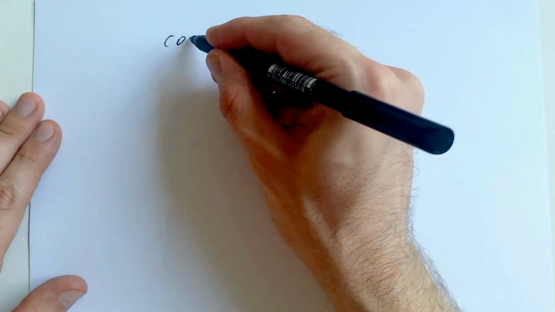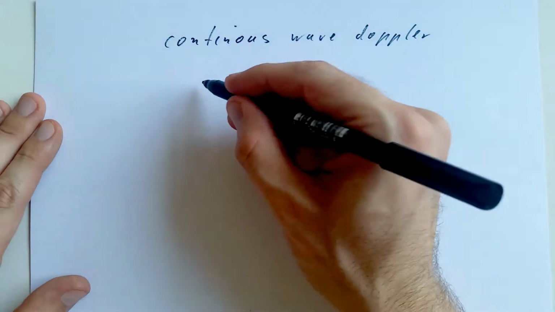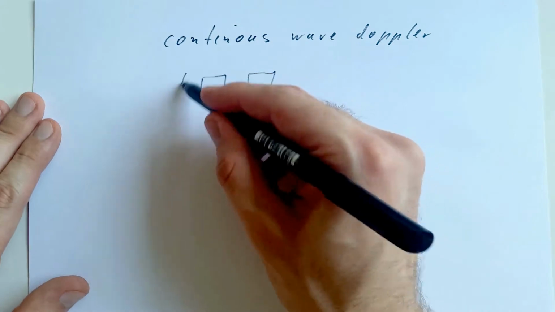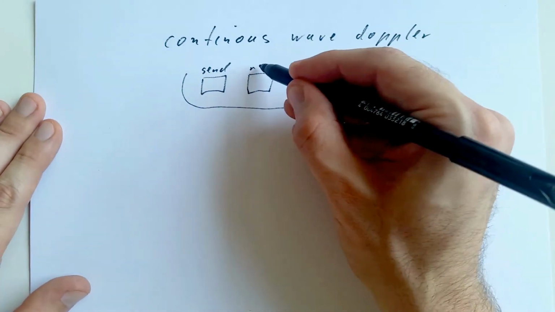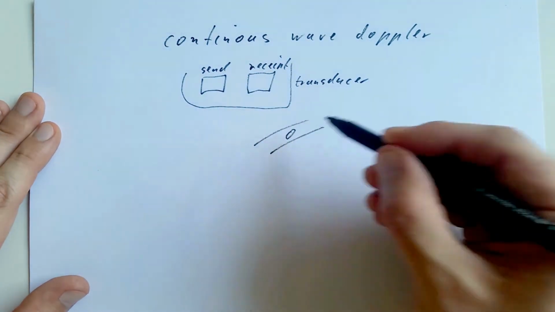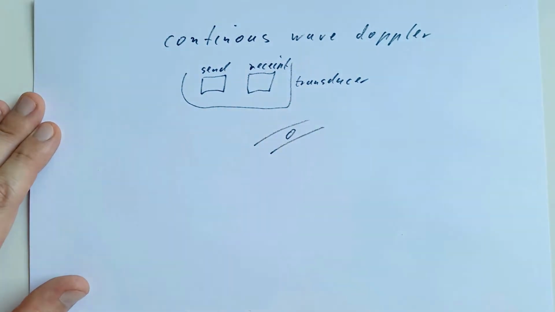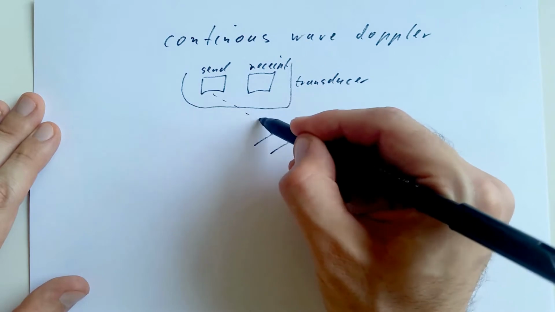So there are different applications which are based on the method of frequency shift. One is the continuous wave Doppler. Here we have two crystals. One of them is for sending and the other for receiving. So in a bloodstream, as shown, we have corpuscles. You surely know these red or white corpuscles in your blood.